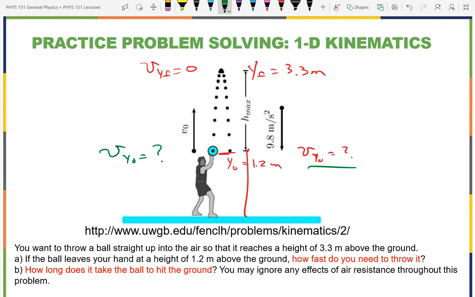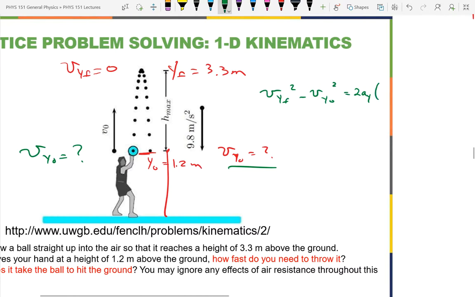Time. I don't care about time, I'm not given time. That throws me straight to the equation Vy final squared minus Vy initial squared equals 2ay times y final minus y initial. That has all the variables that I'm given and what I'm looking for. That should be muy bueno.